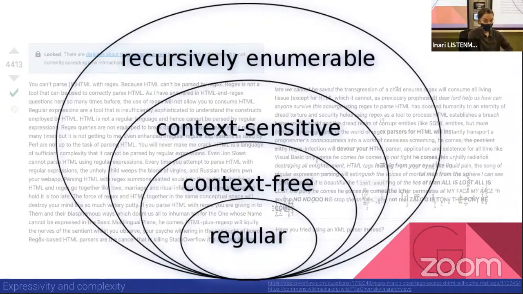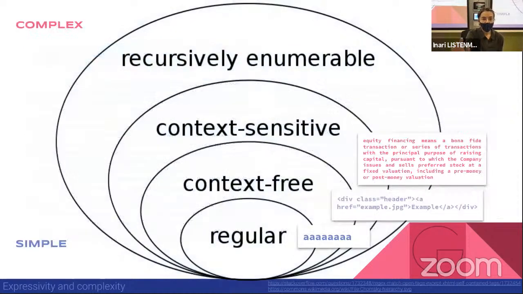This is not a formal introduction, so I'm just going to hand wave to give you a rough idea. Please consult other sources if you want more. The idea is that the languages up there are more complex, and the languages down here are more simple.